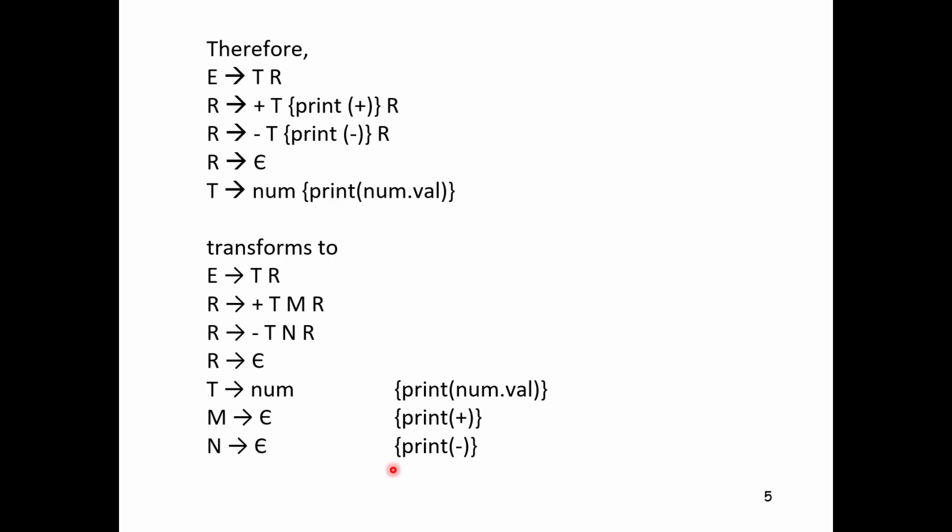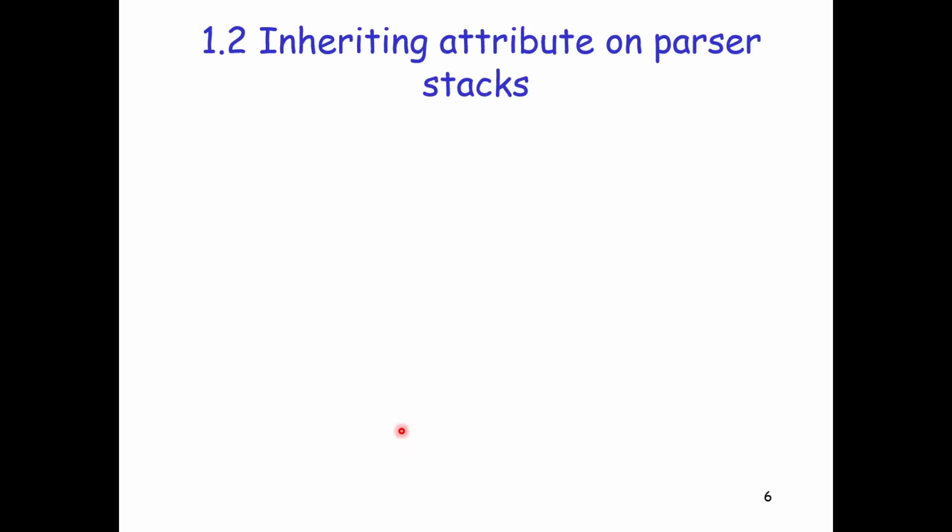While we introduce the markers, we have to introduce new productions for those markers, like the marker symbol gives epsilon. So always in the transformed production with markers, the actions will be at the right hand side of the productions.